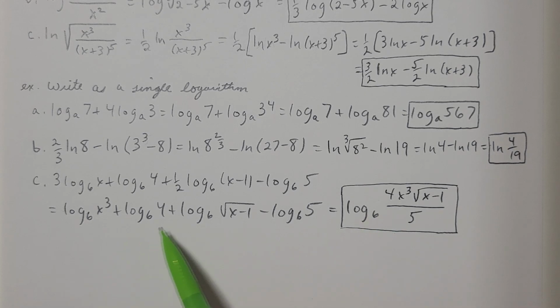So I got log base 6 of 4 times x cubed times the square root of x minus 1. And then we're subtracting log base 6 of 5, so that means I'm going to be dividing this all by 5. Okay, and that'd be the answer.